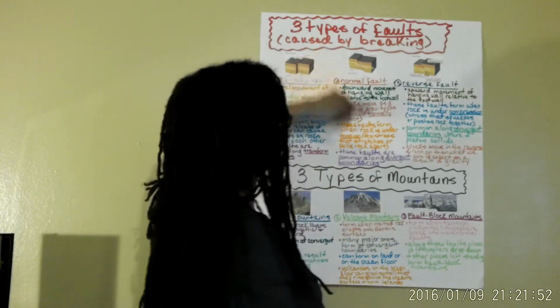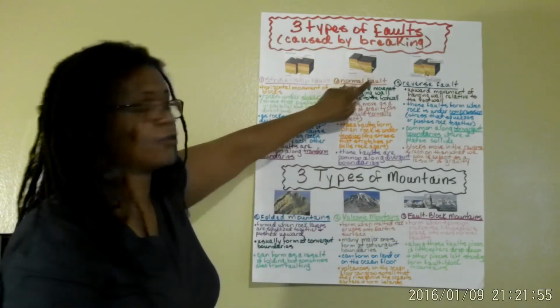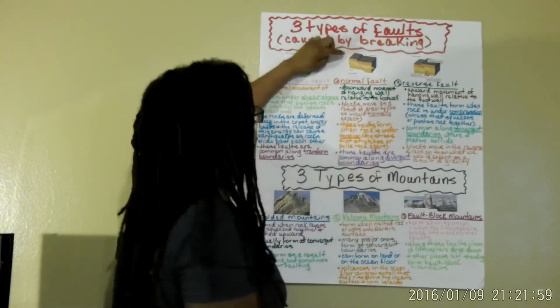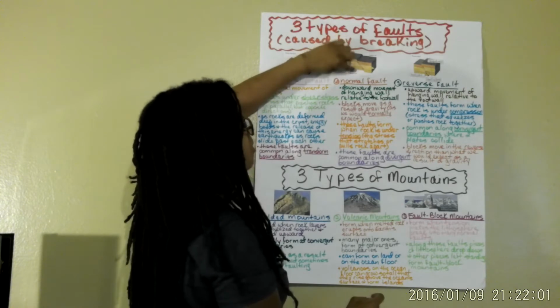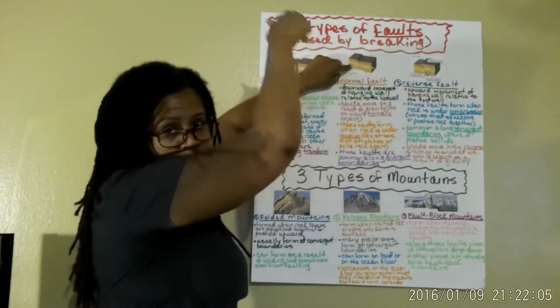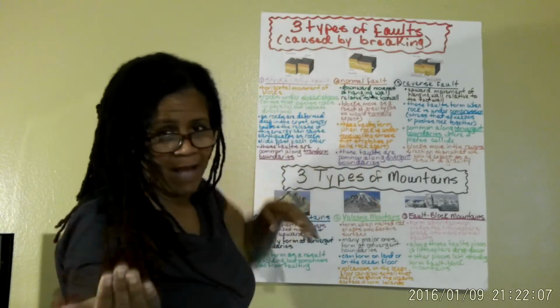So let's look at this. What happens here is that there is a downward moving of the hanging wall. So this is the foot wall, this is the hanging wall. The hanging wall moves down because of gravity.